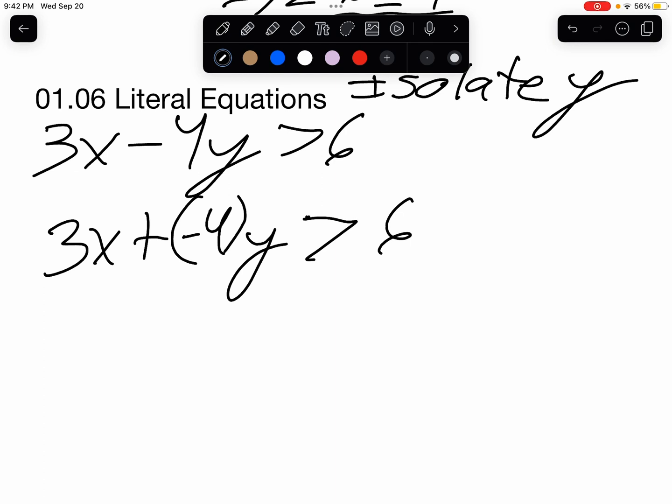Then you subtract 3 by both sides of the equation. Isn't that an inequality? Pretty sure that's an inequality, not an equation, but that's fine. This side cancels out.